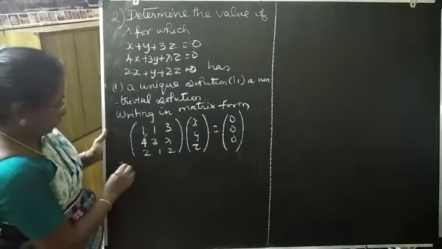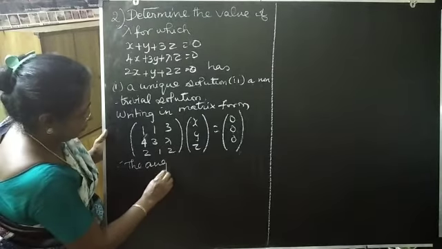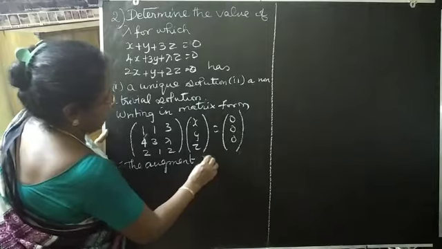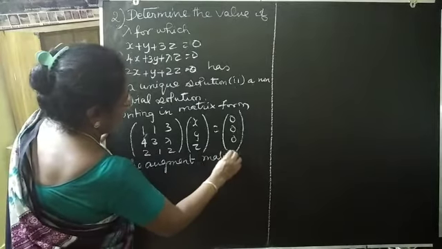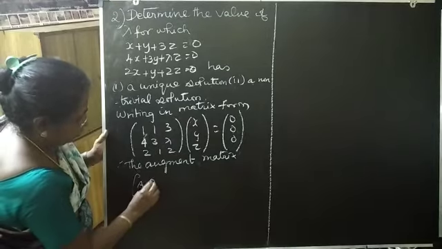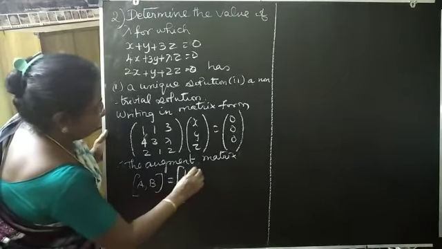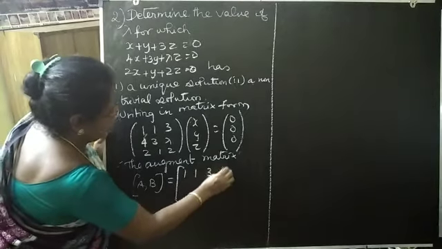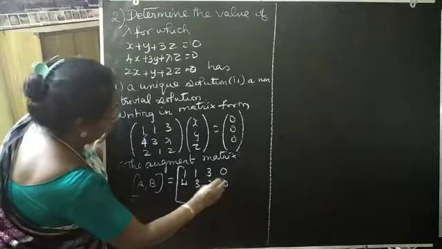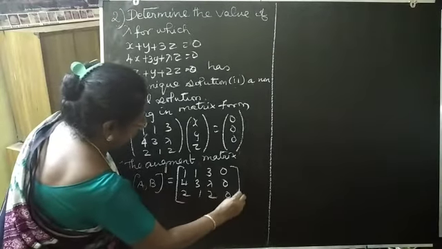Therefore, the augmented matrix AB is equal to 1, 1, 3, 0, 4, 3, lambda, 0, 2, 1, 2, 0.